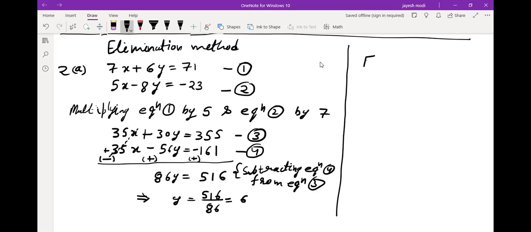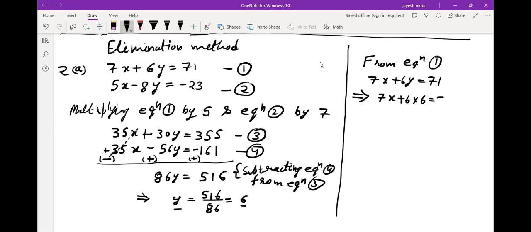Now we use any one of the equations, one or two. So we write from equation number 1, 7x plus 6y equals 71. The value of y we have calculated to be 6. So we write 7x plus 6 into 6 equals 71. It implies 7x plus 36 equals 71.